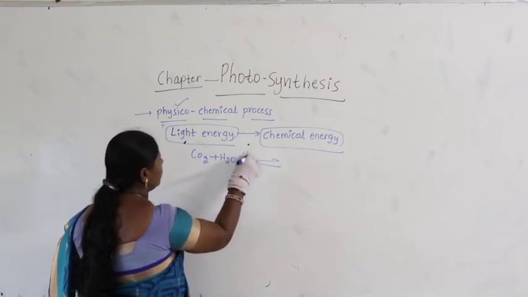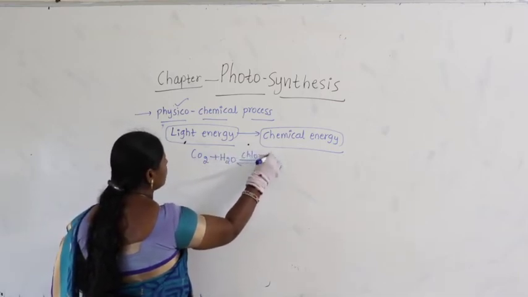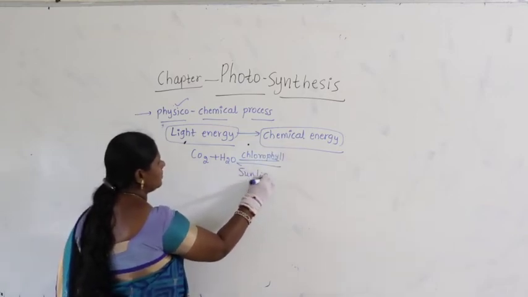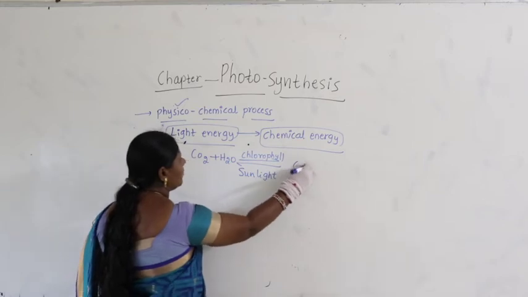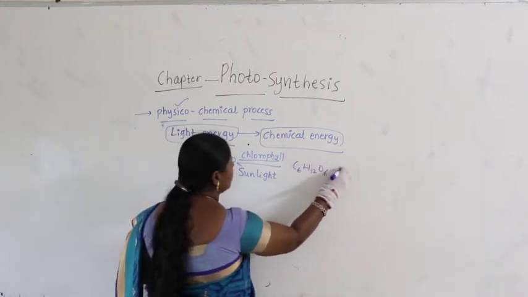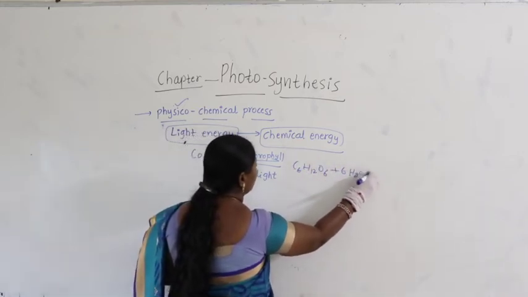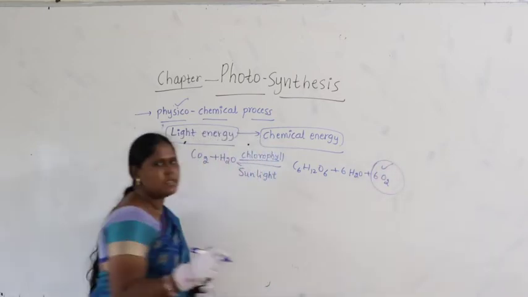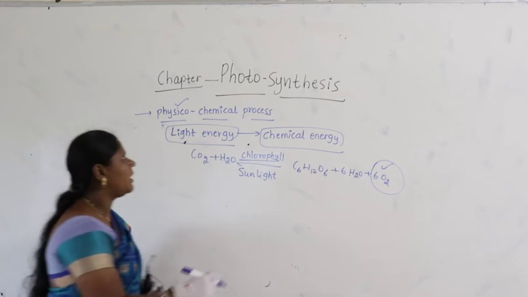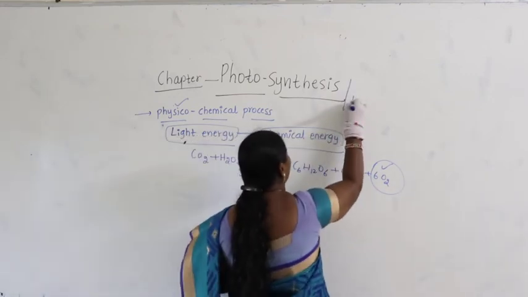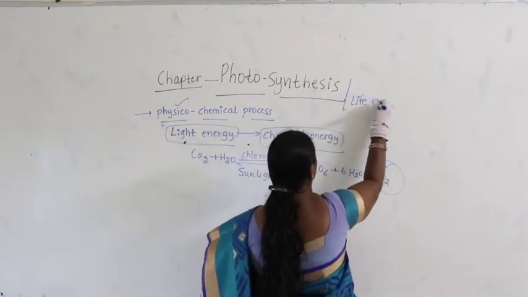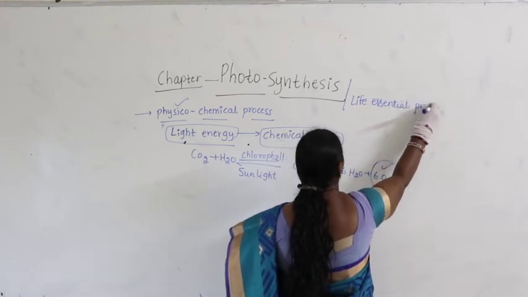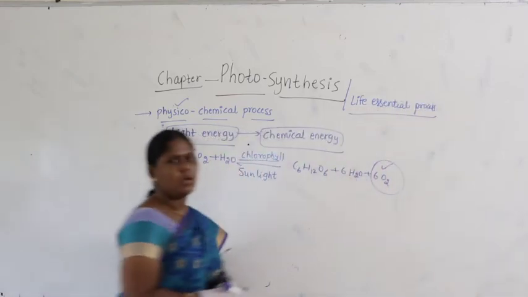Now in the plant most essentially we require chlorophyll, and sunlight is essential, and that leads to formation of carbohydrates with the release of water, along with the release of oxygen. As oxygen is being released from the plant, it is called a life essential process.